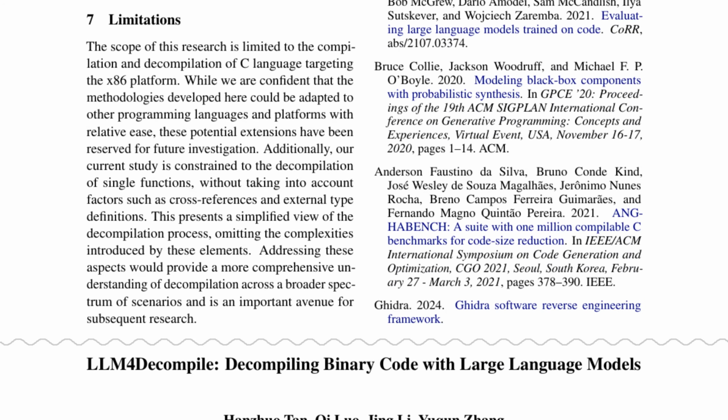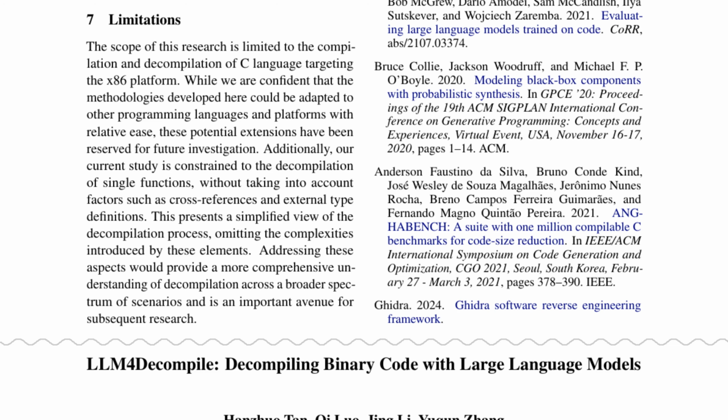7. Limitations. The scope of this research is limited to the compilation and decompilation of C language targeting the x86 platform. While we are confident that the methodologies developed here could be adapted to other programming languages and platforms with relative ease, these potential extensions have been reserved for future investigation.